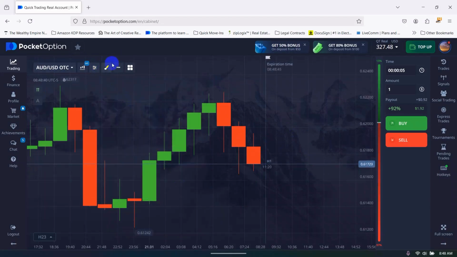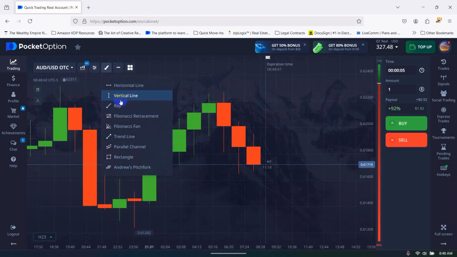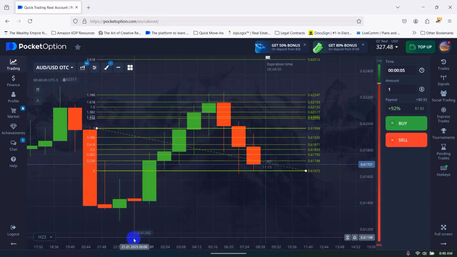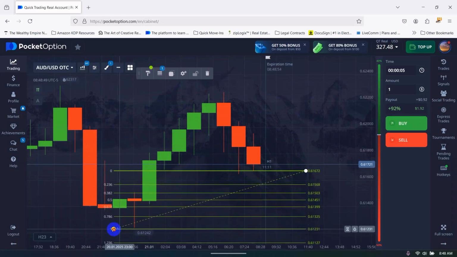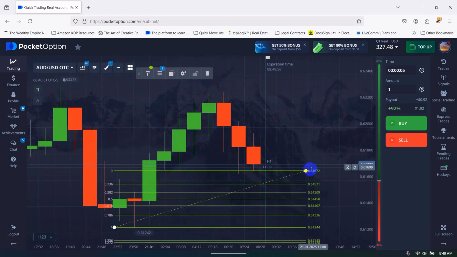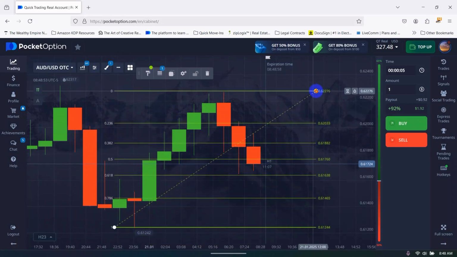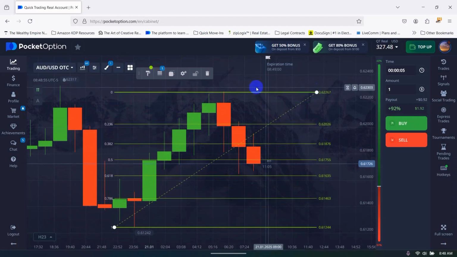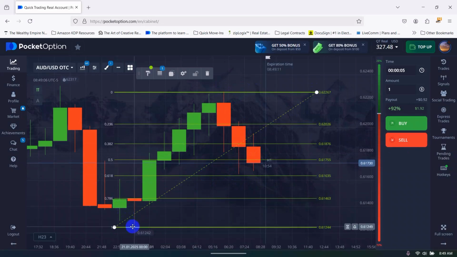And see how this couple of candles right here, it started down here with this candle, and then it came all the way up to this candle right here, and now it's trying to come down to the 60 percentile. So it started from here, went all the way up, and now it's coming back down.